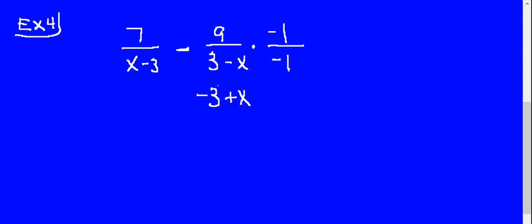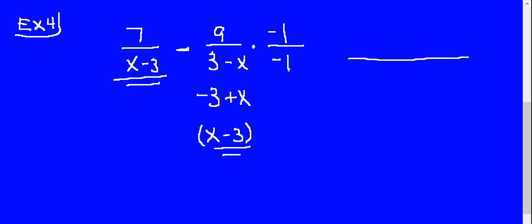Using the commutative property of addition, -3 plus x is equivalent to x minus 3. So this now is going to be the denominator. This denominator and this one are the same, and I'm going to bring that over here and write it up as x minus 3.